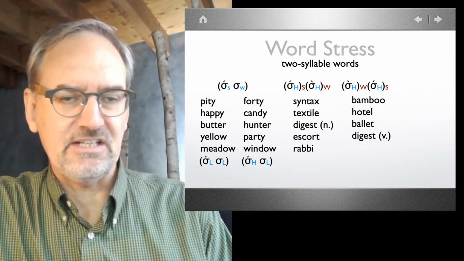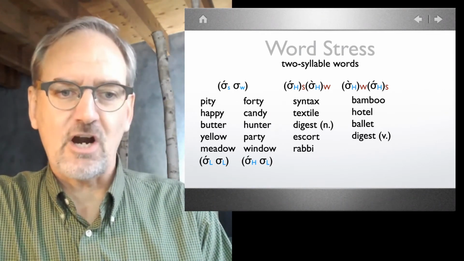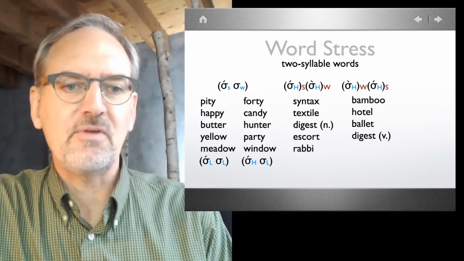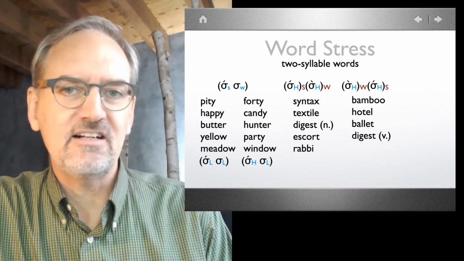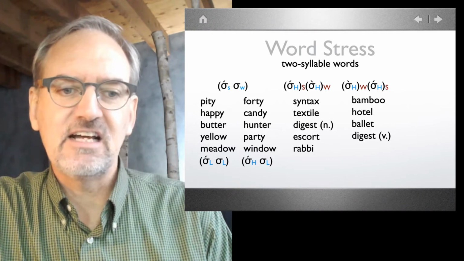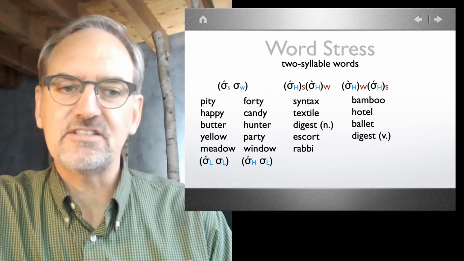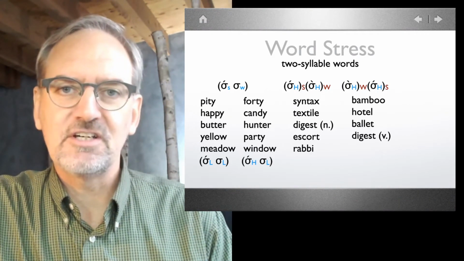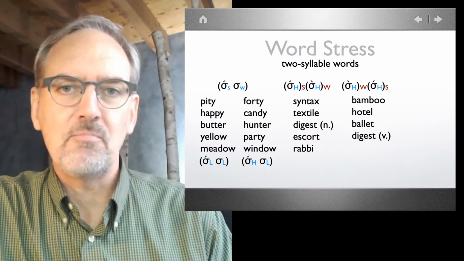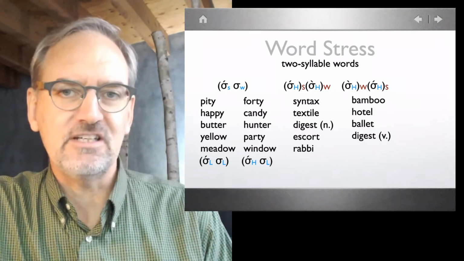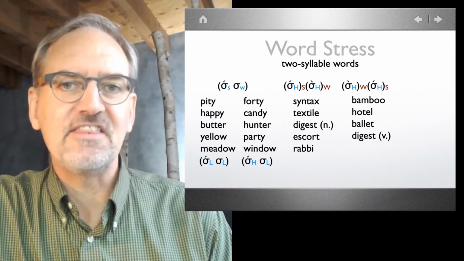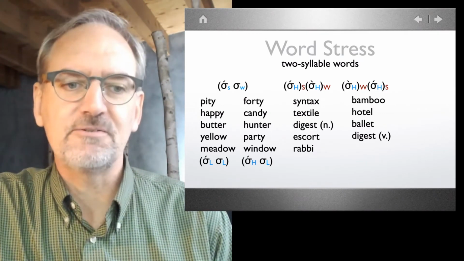But in the examples you see here, these are words that have come into English from other languages. So bamboo, hotel, ballet, digest, these are two-syllable words made up of two monosyllabic feet in which the first foot is the weak foot and the second foot is the strong foot.